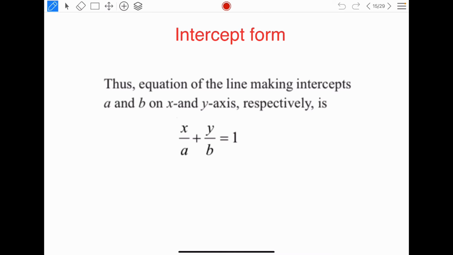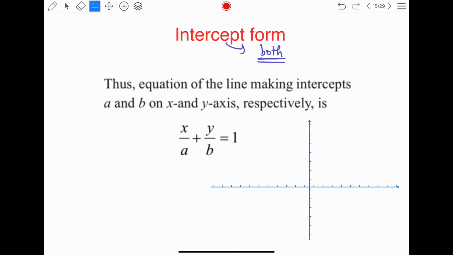Now the intercept form. Intercept form means I am taking both intercepts. So let's take the coordinate system first for this. Suppose I have a line.